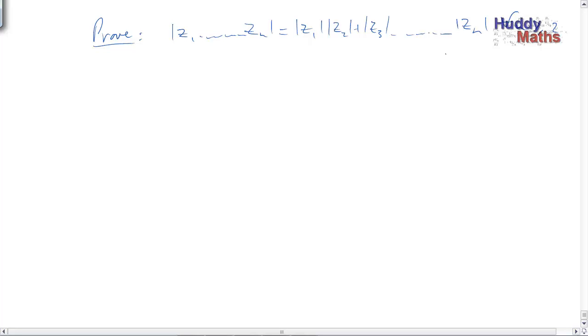Okay, so it's a generalisation, remember. From the earlier presentation, we're going to use the process of mathematical induction. So here's the proof. Now I'm not going to put it in full. Case n equals 2 is modulus of Z1 Z2 is modulus of Z1 by the modulus of Z2.